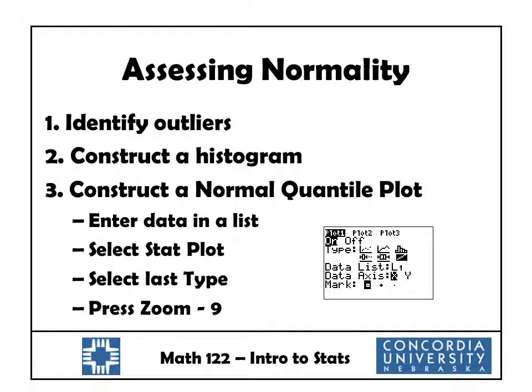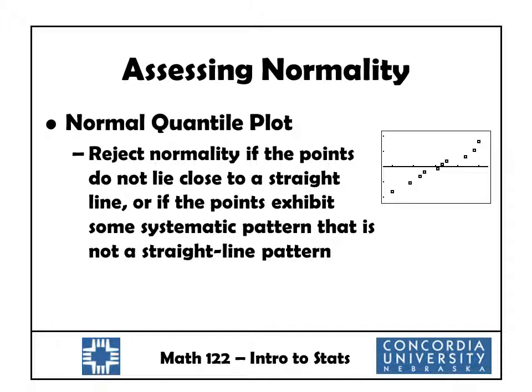But sometimes with a small sample, that's kind of hard to determine whether it has a bell curve shape or not. So the third step was we constructed a normal quantile plot, which is a simple graph that allows us to determine if the population is normally distributed. And we did that on our calculator. We put the data in a list, go to Stat Plot, we selected the last type, press Zoom 9, and we get something that maybe looks like this graph on the right hand side.